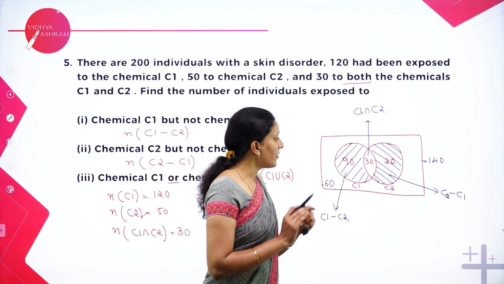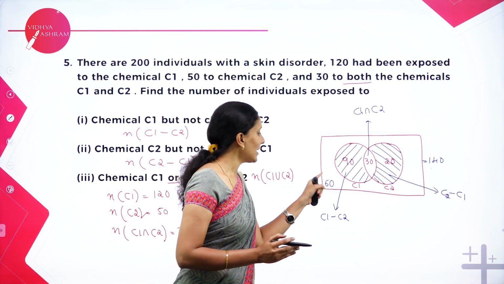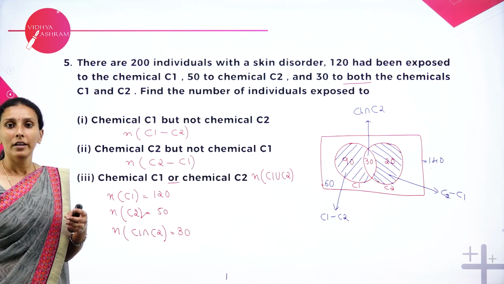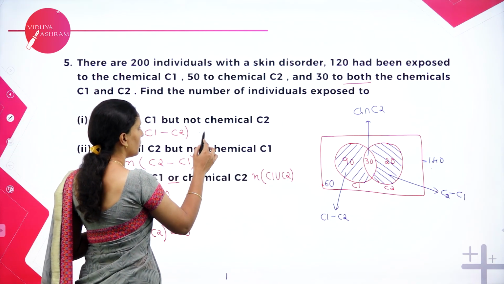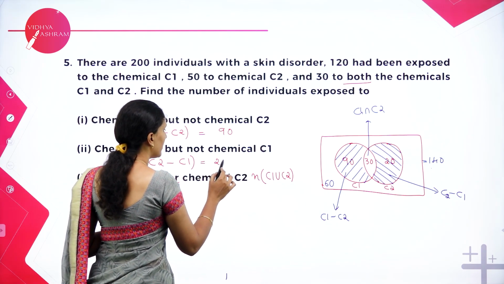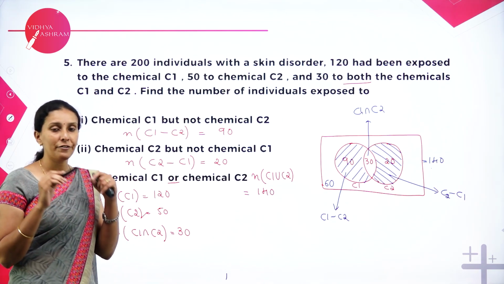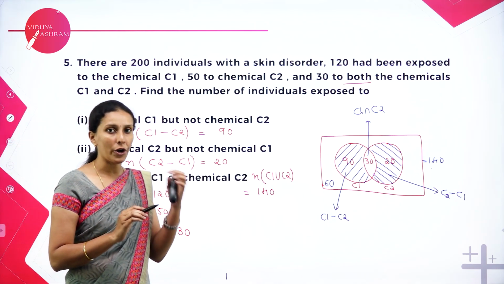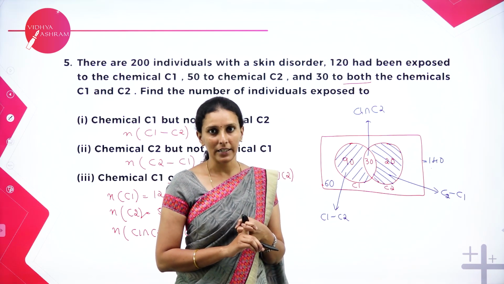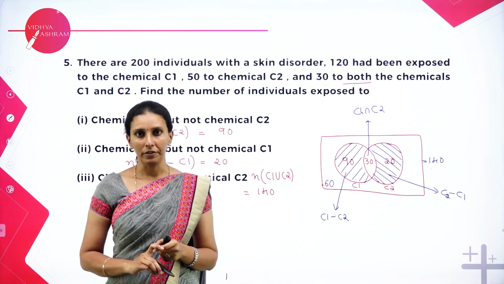In total, 140 members are exposed to any one of the chemicals, and 60 members are exposed to neither C1 nor C2. Now let us write the answers. From the diagram, we can clearly see it is 90, here it is 20, and here it is 140. If they ask how many people are exposed to neither C1 nor C2, you can clearly write 60. In total, 140 plus 60 is 200 individuals.